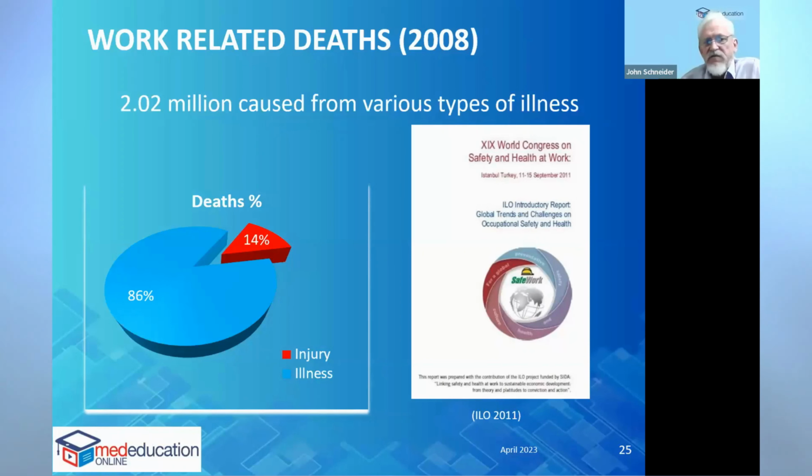Illness causing death from work-related conditions often happens over prolonged periods of time with gradual deterioration in health. It comes on slowly and the person may be moving from one occupation to another. Those situations, unless the medical practitioner is aware of it and asks the questions, are often overlooked. Next one.